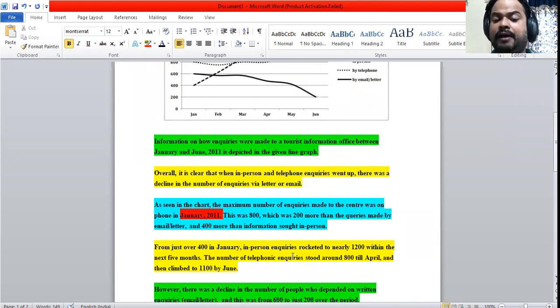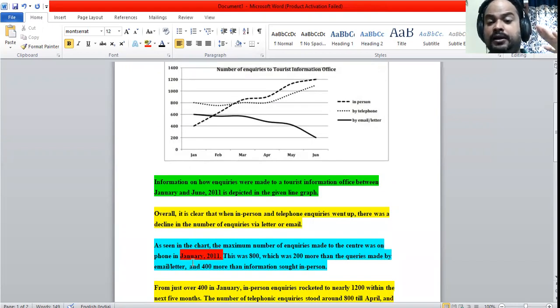Now the next paragraph: from just over 400 in January, the in-person inquiries rocketed to nearly 1200, that's 400 to 1200 within the next 5 months. If I don't say rocketing, it is 400 to 1200. But a rocket won't be fluctuating; it will be going straight up.